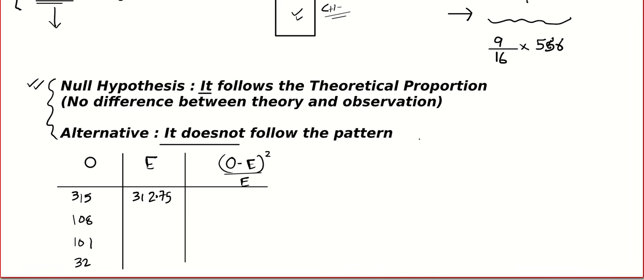And similarly 3 out of 16 multiplied by 556, so you get 104.25. Similarly 104.25. Last one, 1 out of 16, that will be 34.75.